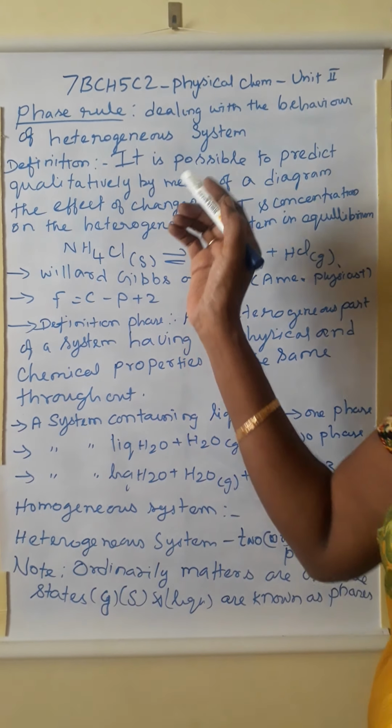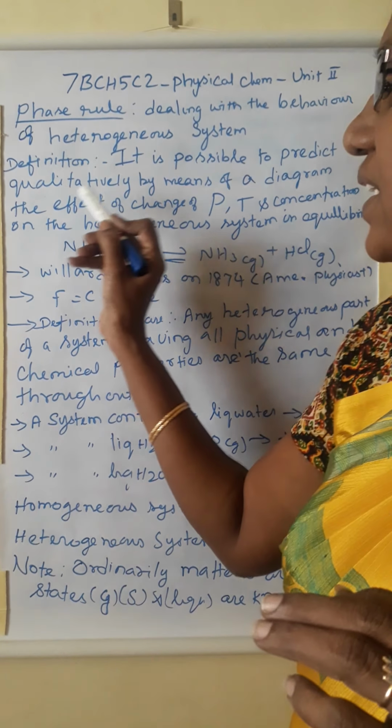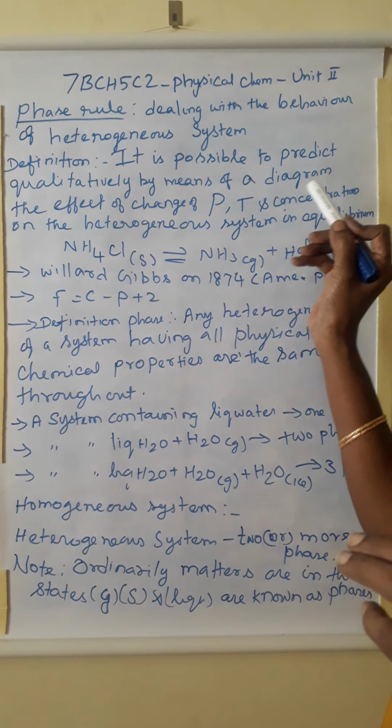So here it is possible to predict qualitatively by means of a diagram. By means of a diagram, we have to draw some diagram. On the diagram we have to predict the composition at a certain pressure and at a certain temperature.